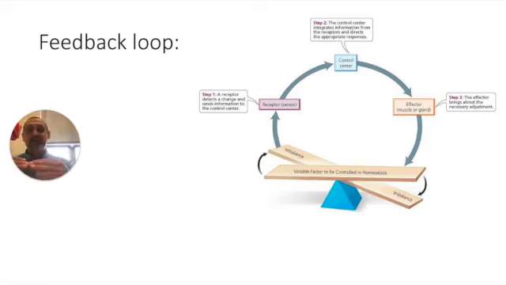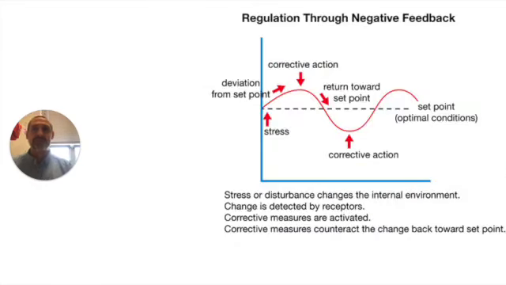As your body temperature rises, it's picked up by a receptor, a nerve ending, that sends a message to your brain, the control center, which sends a message to an effector, a muscle or gland. Your brain determines that you're too hot. The effector, like a sweat gland, produces sweat to bring your body temperature back down to normal. So the high body temperature is corrected by doing the opposite. That's negative feedback.